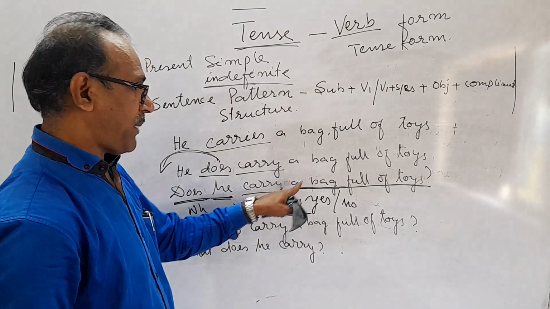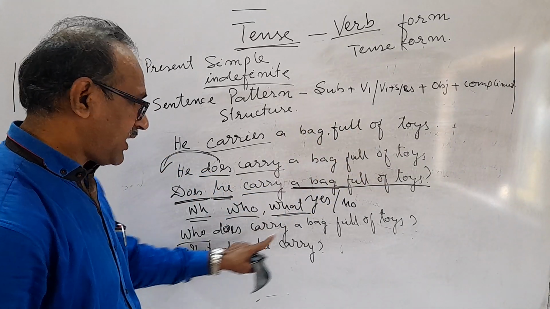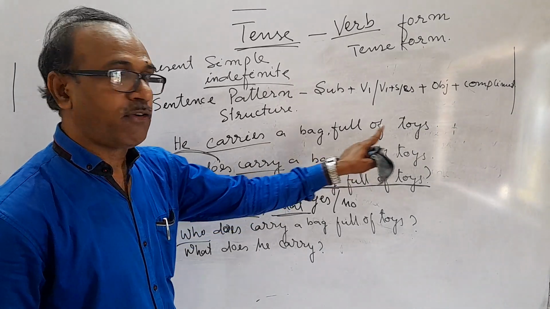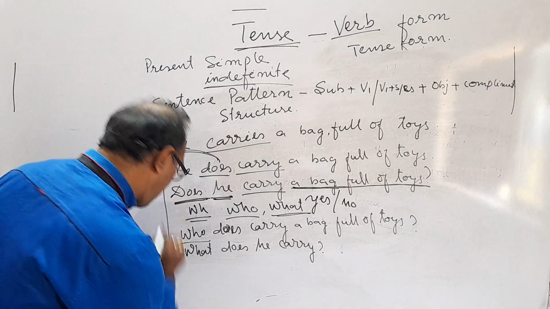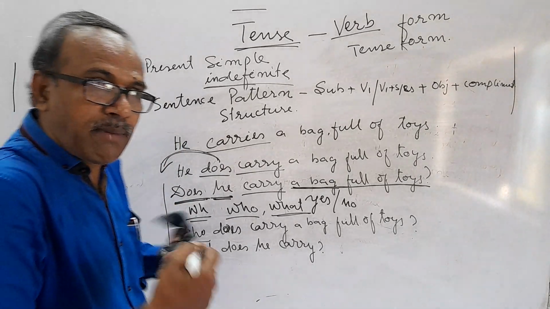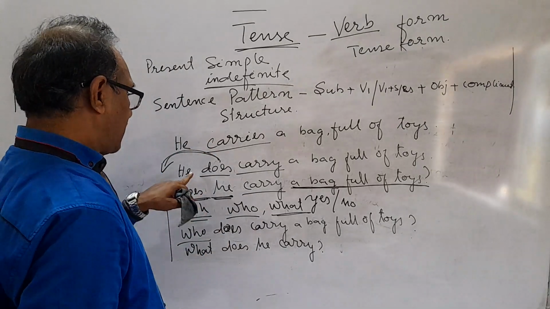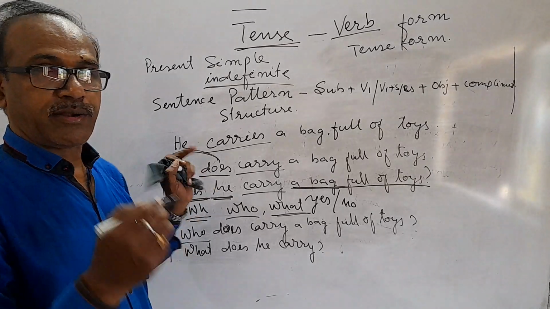The answer is a bag full of toys. So, what does he carry? He carries a bag full of toys. The answer is this. So these are the three ways of making an interrogative sentence to get an answer that is affirmative or negative.